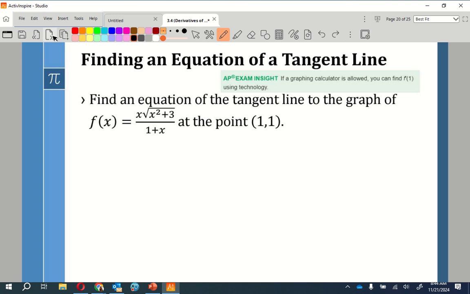So I could do this a couple different ways. I could look at it and be like, oh, look, there's a product on top and it's a quotient altogether. I could do all that, or I could ln again. So that's what I'm going to do. I'm going to ln everything first.